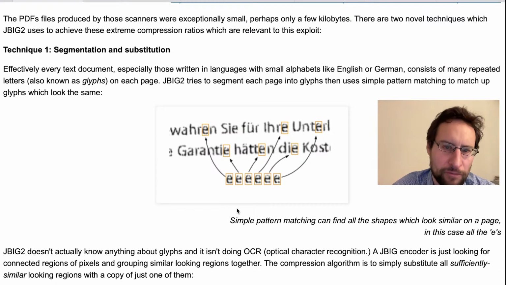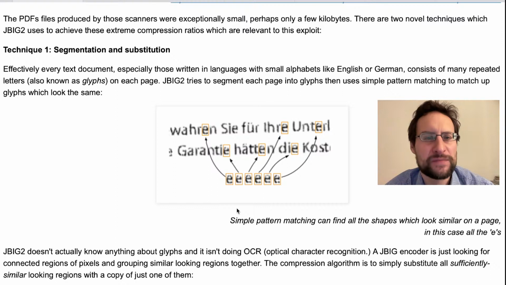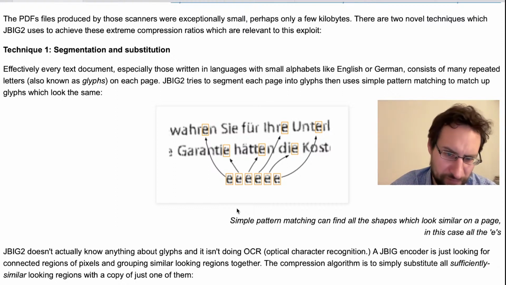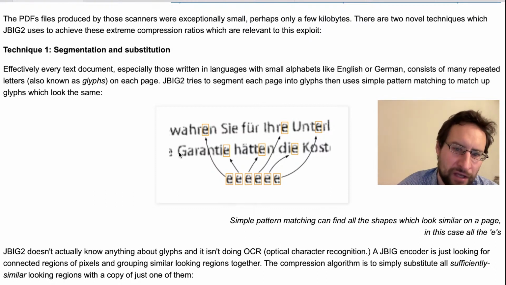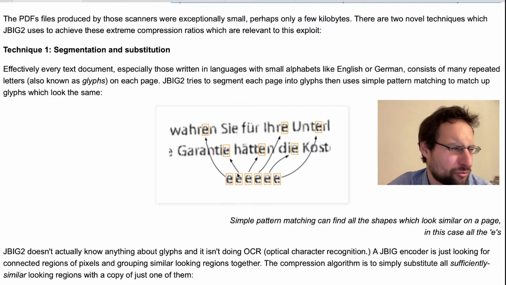JBIG2 is rather complex. I implemented it once myself. It's not the easiest thing to implement, because it does quite advanced substitution, for example effectively coding a text document with recurring letters. It's not OCR, though some people always say so. This is just image pattern matching, a far cry from OCR.